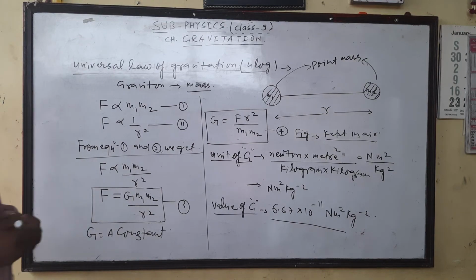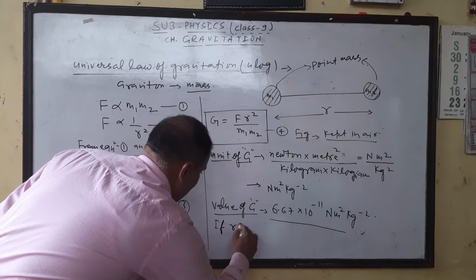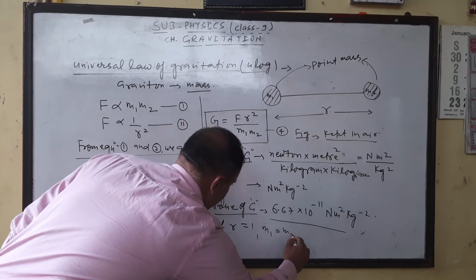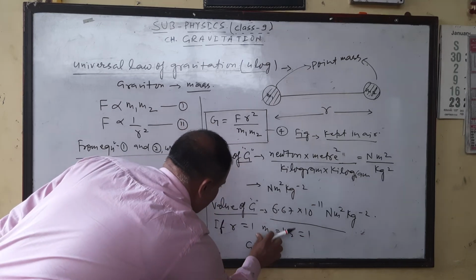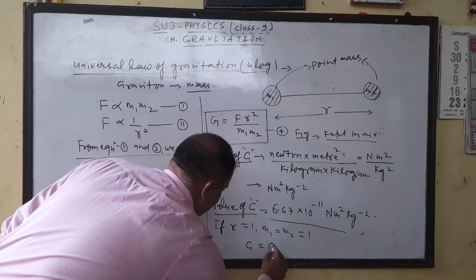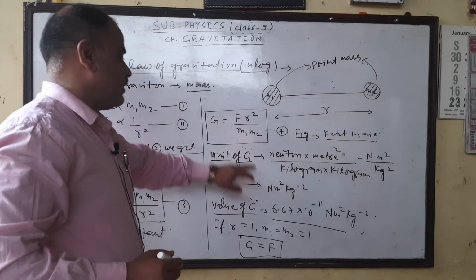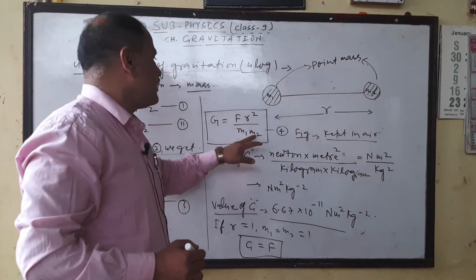Suppose r is 1 and m1 equal to m2 equal to 1, so G equals F. In place of r you can put 1, and in place of m1 and m2 you can put 1 into 1.